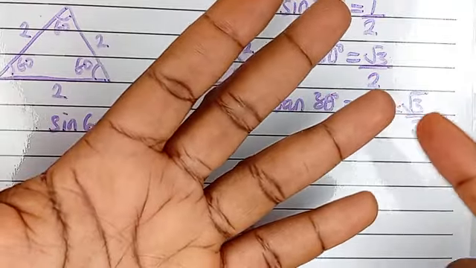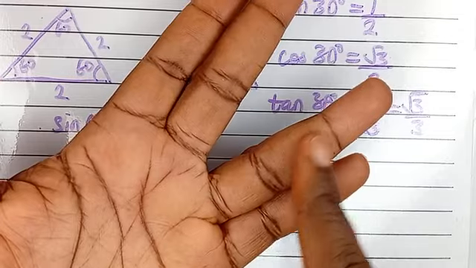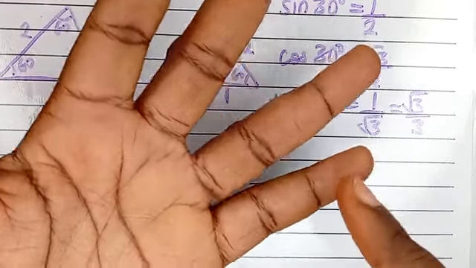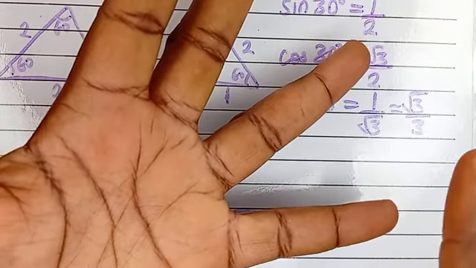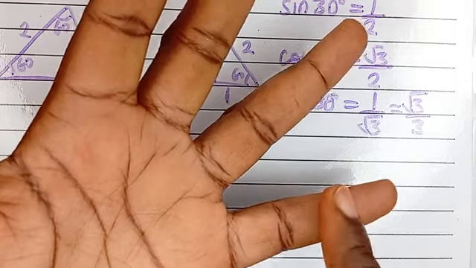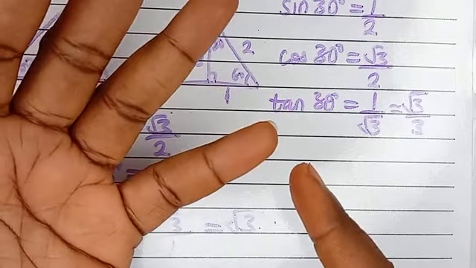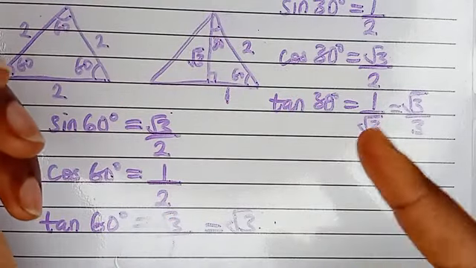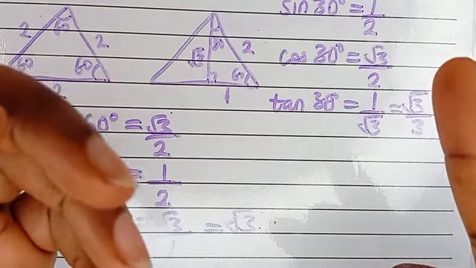Sine 30. My ring finger is representing angle 30. So how many fingers are below angle 30? That is just one finger. So root 1 over 2, and root 1 is equal to 1. So sine 30 is just 1 over 2, and you can see over here that sine 30 is 1 over 2.